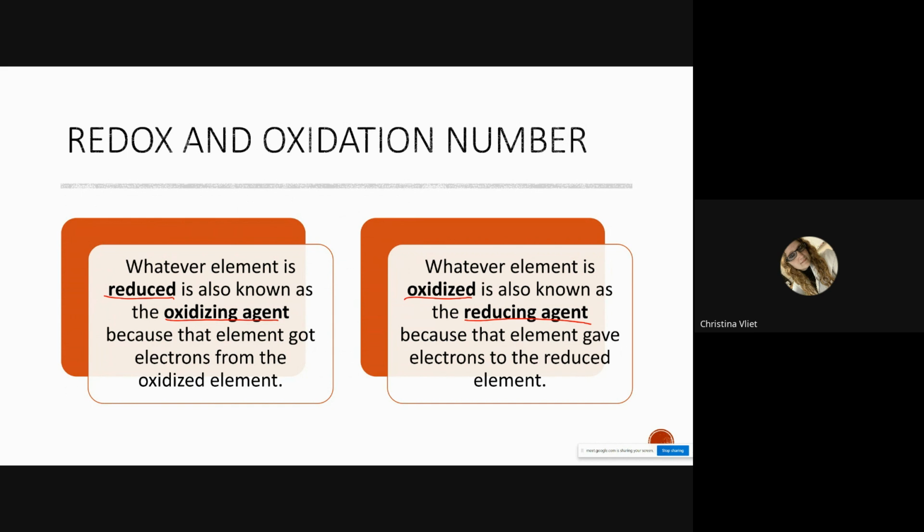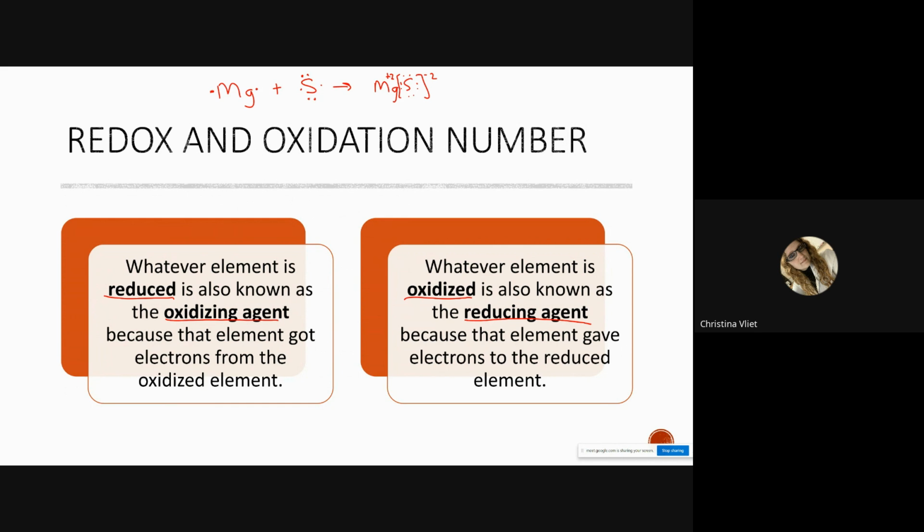So going back to the example, let's take a look at Mg plus S goes to MgS, the one I had just showed. We have this with the valence electrons: magnesium lost all of its electrons, and sulfur has all 8, right? That's just a quick example of a simple reaction.